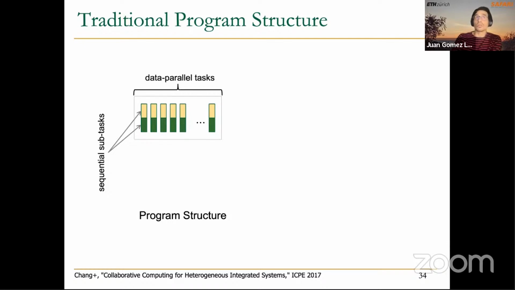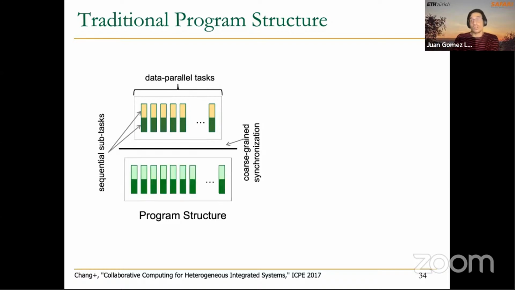At some point, we will complete these data parallel tasks, and following a bulk synchronous programming model, we will have to perform some coarse grain synchronization. In the GPU programming model, this means terminating the kernel and then launching a new kernel, and in this new kernel, we will have new data parallel tasks, each of them composed of two or more subtasks.